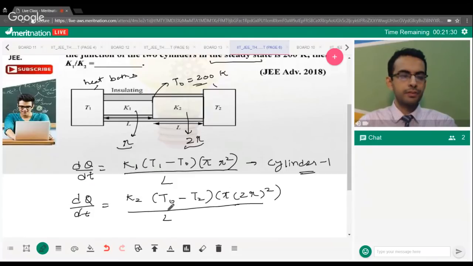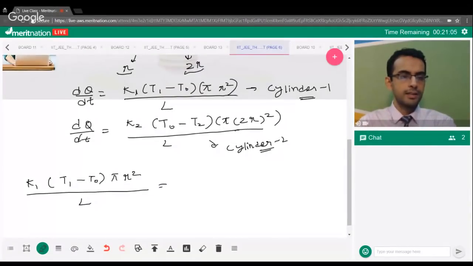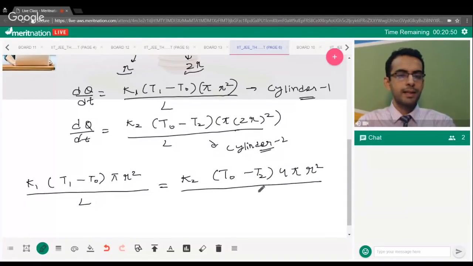Now we'll equate them: k1 multiplied by T1 minus T naught into pi r square divided by capital L is equal to k2 into T naught minus T2 into 4 pi r square, divided by capital L.